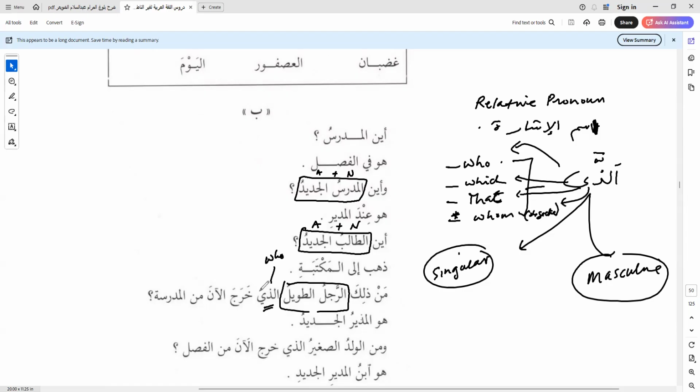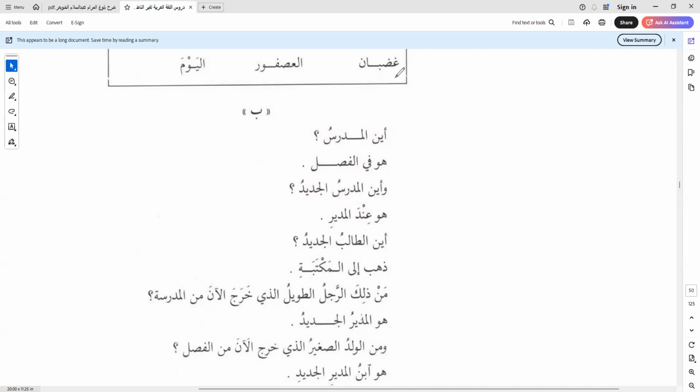So al-rajul, remember alladhi is referring to the man. Al-rajul. That's why we call it a relative pronoun, meaning we use it in relation to a pronoun or a noun. Some people call it a relative noun or relative pronoun. So الذي is referring to the rajul.